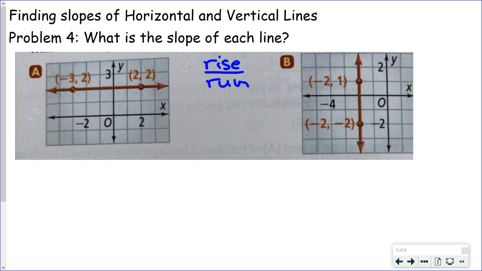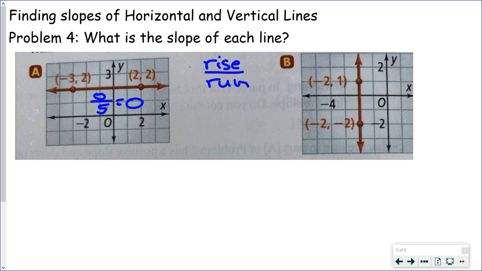From this point to this point, the rise is 0. It doesn't go up or down at all. And the run is 1, 2, 3, 4, 5. And 0 over 5 simplifies to 0. The slope of a horizontal line is always 0.